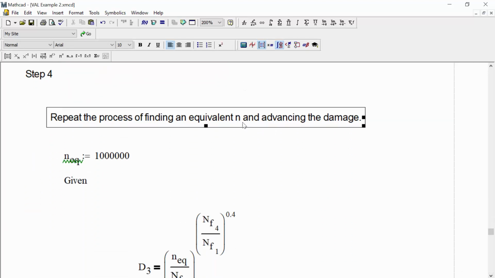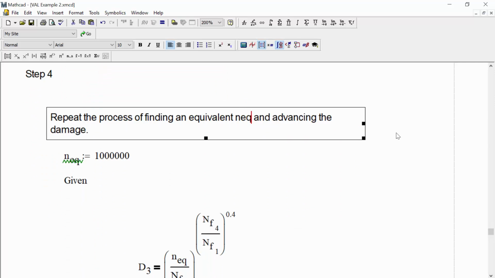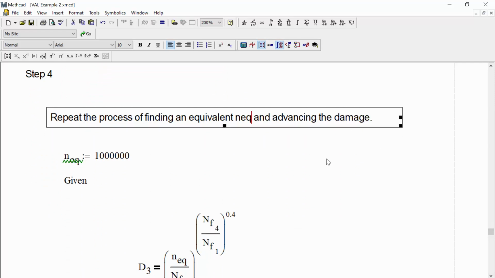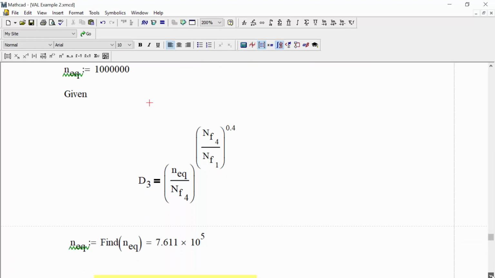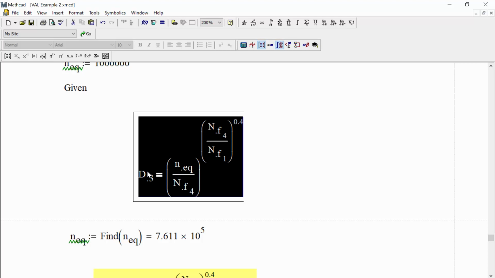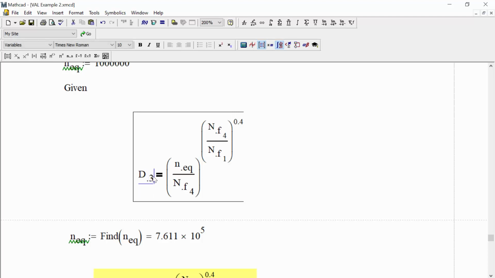We're repeating the process, finding what is the equivalent damage at the fourth step. That includes the damage of all the prior steps. We initialize NEQ at just a number that is large here, just an initial guess. We're given, again, our solve block here, where we say that the damage D3 that we stopped at, we want to find the equivalent damage at the fourth step's stress amplitude, or the fourth step's conditions.